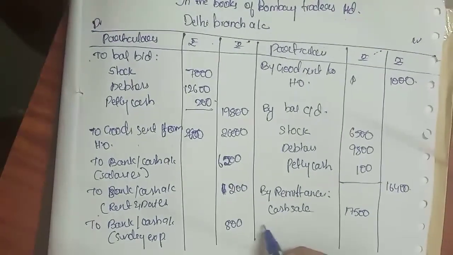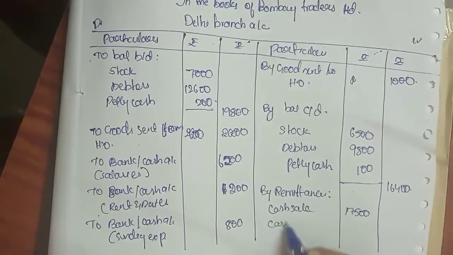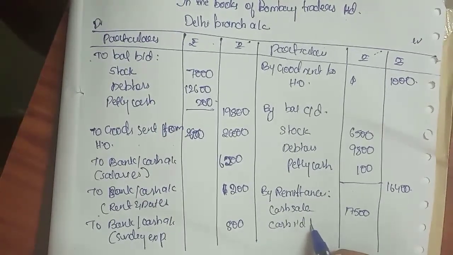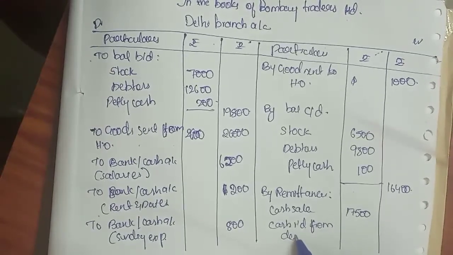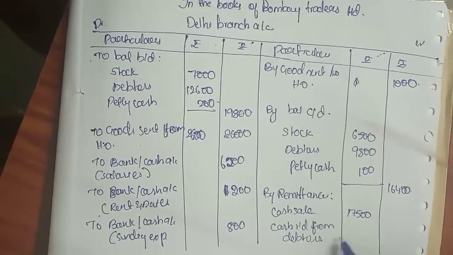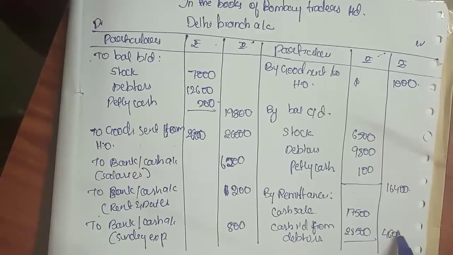Then you had a cash receipt from debtors of 28,500. So the total is 46,000.